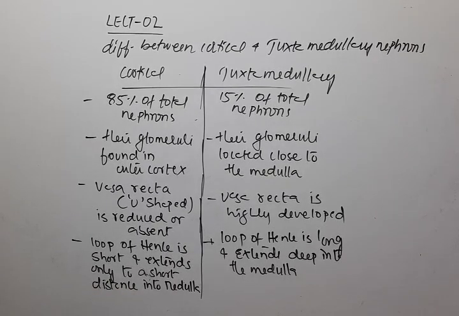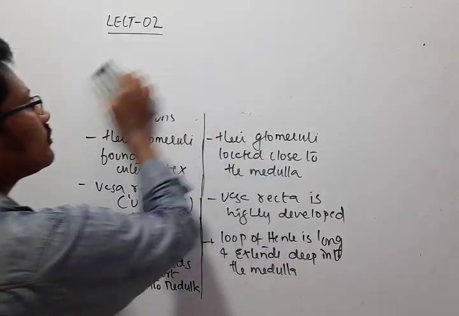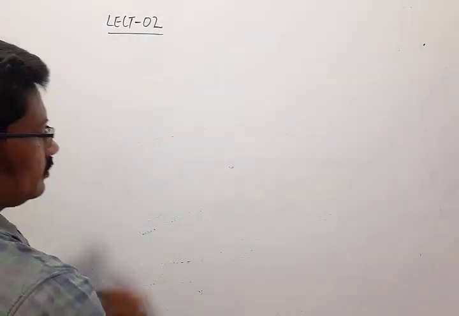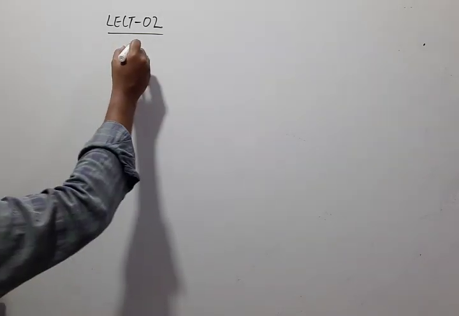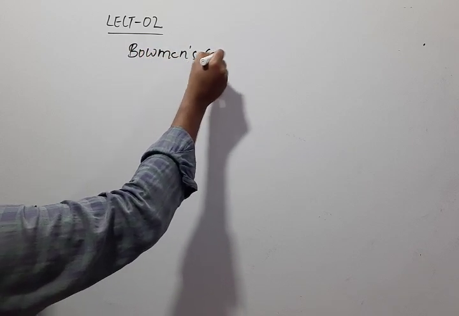Now we will see the nephron a little more in detail. We'll see it part by part. So first we will see the Bowman's capsule.